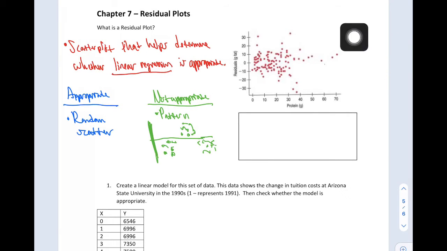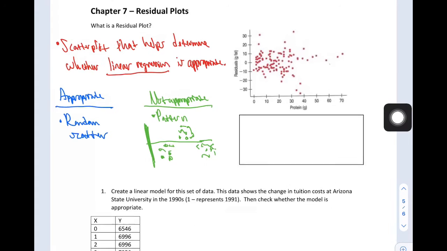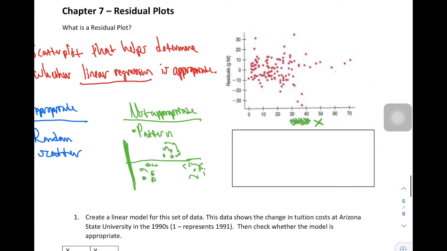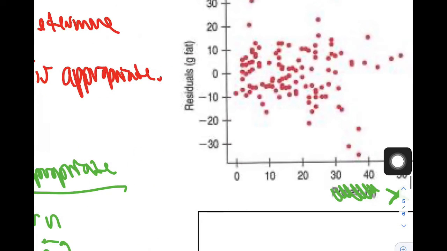A residual plot is when, instead of looking at your original scatter plot where you have X and Y, here's an example. Let's say this is X, and instead of looking at Y, this is now residuals.